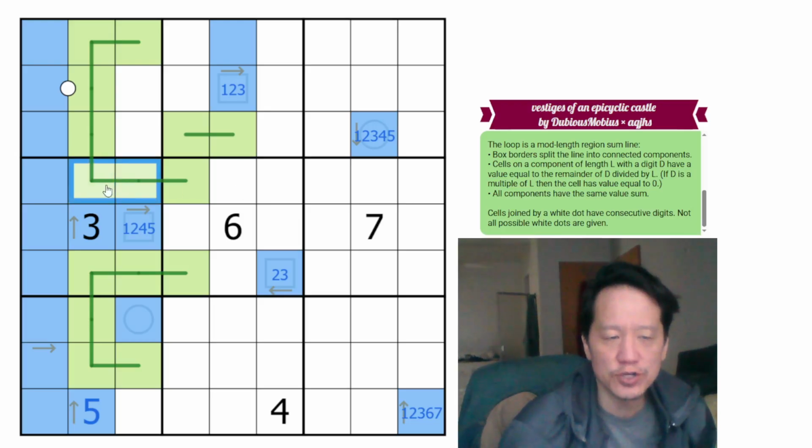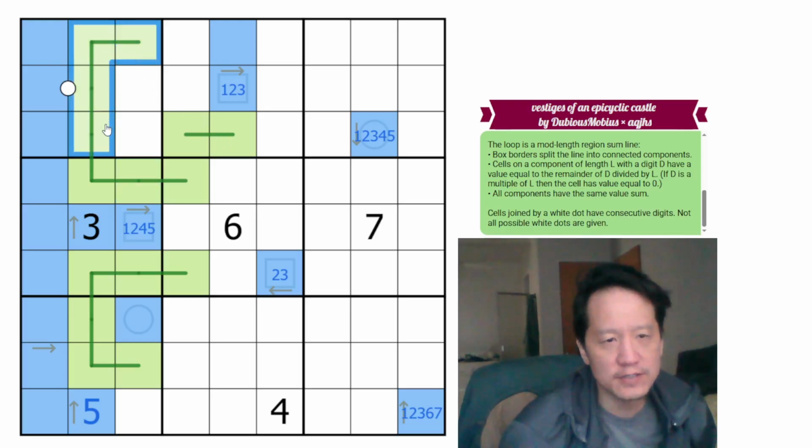And the digits you could have are odd digits here, which would give the value of 1. Therefore, this length has to be at most 2.